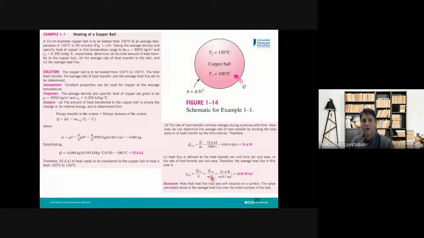Pi d to the power 2, d is 10 centimeters, or 0.1 meter squared. If we substitute in the equation, we can calculate heat flux, or lower case q dot average, which will be 1,636 watt per meter squared. Then you can see how we use those equations to calculate heat transfer, to calculate rate of heat transfer, and to calculate the heat flux.